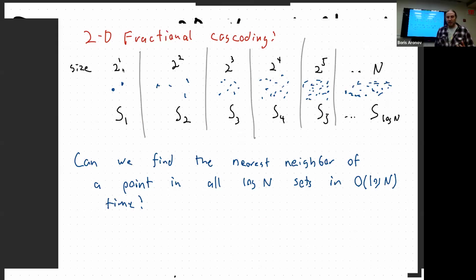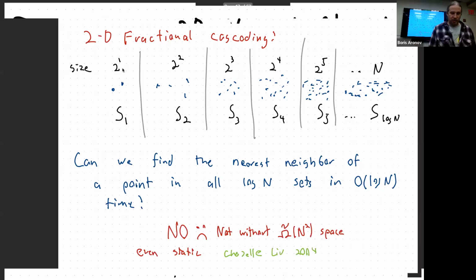So, given this fractional cascading technique, which is well known in 1D, does this work in 2D? In other words, could I find in each of these separate sets the nearest neighbor and do this in log n plus k? And here k is log n, so log n plus log n would be lovely.